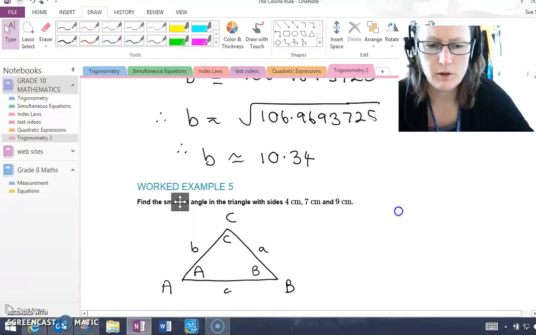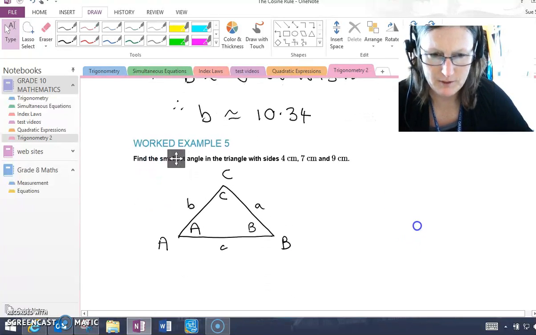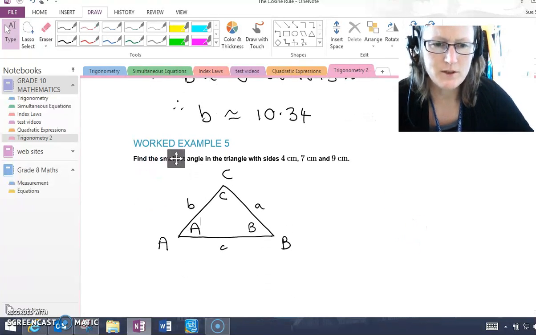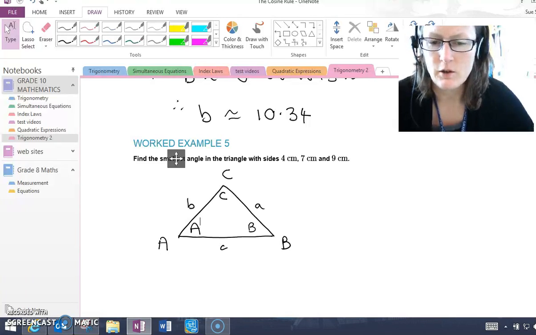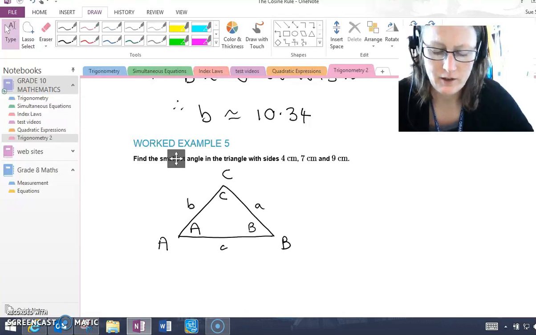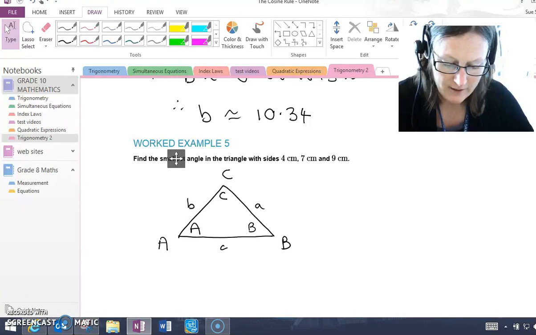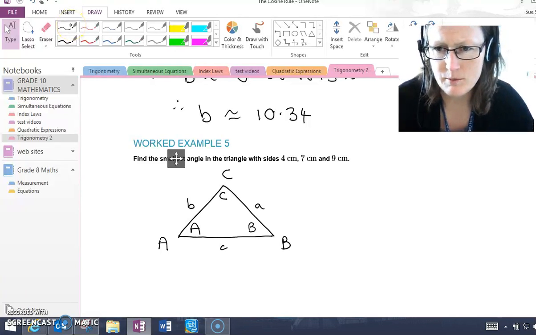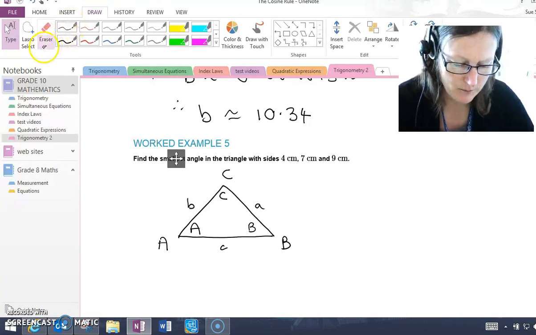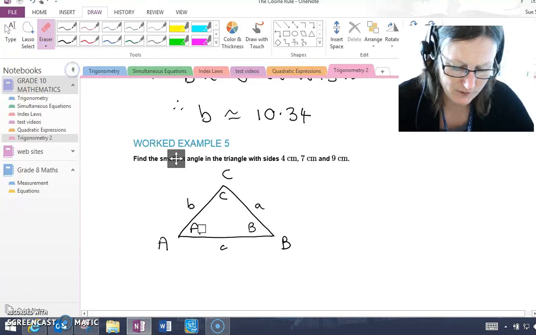Okay, continuing on, we're going to look at worked example 5 from your textbook. Worked example 5 wants us to find the smallest angle in the triangle whose sides are 4, 7 and 9. So I've marked on a triangle there, non-right angled triangle, and it doesn't tell me which is A, which is B, which is C, so I can just put them however suits me.